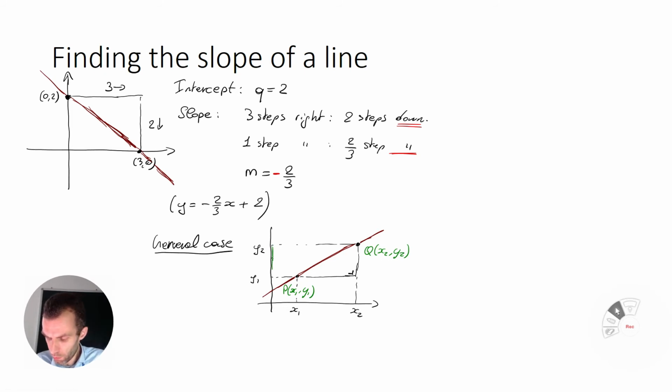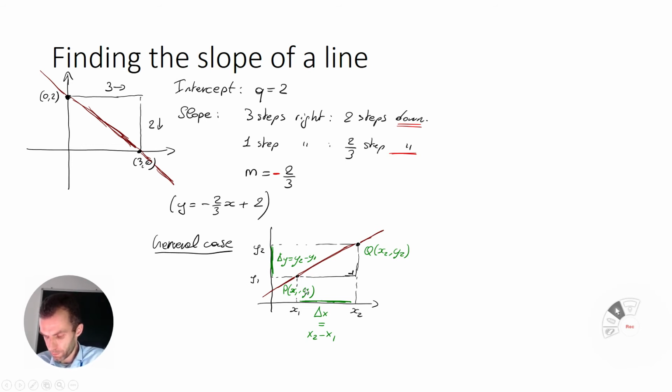And so we also know now that the lengths of these sides, so this thing right here, that's delta x, which is the difference x2 minus x1. And this thing right here, that's delta y, y2 minus y1. So it's a bit small, but I hope you can see.